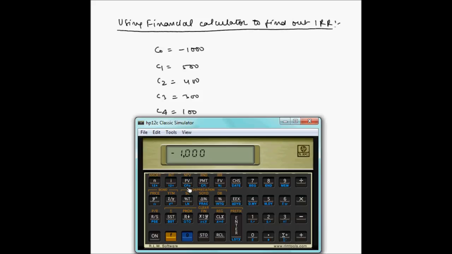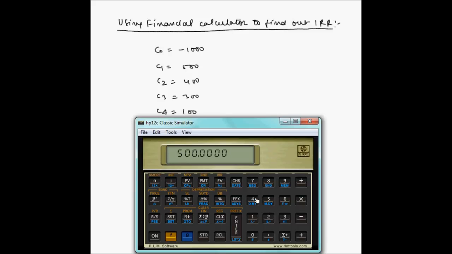Now we have to make the calculator aware that this is the value of CF0. Now CF0 is written in blue, so we have to press the blue button here, G, to activate that button, and then we'll press CF0. Now next we'll enter 500, and this is the value of CFJ, where J is 1. So again we'll activate that and click on CFJ.